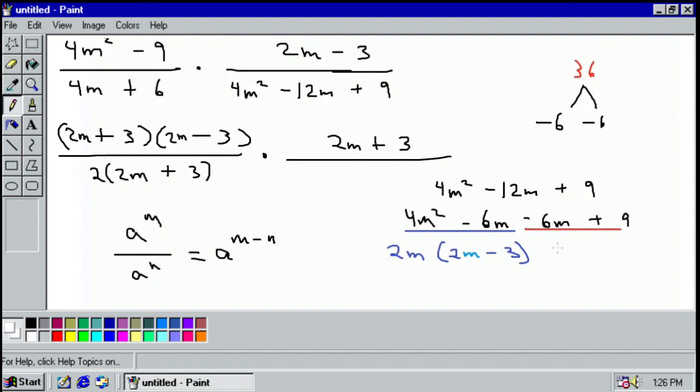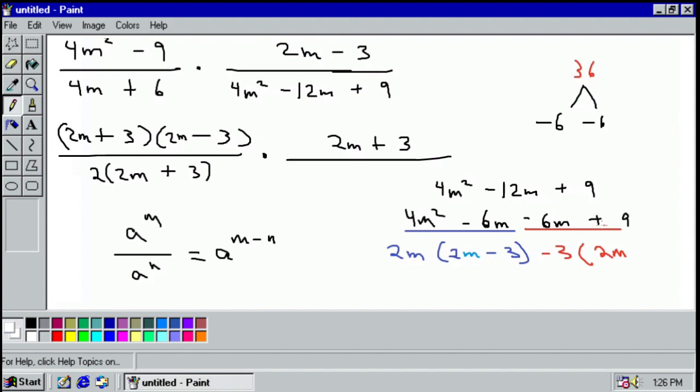So we can factor both of these by negative 3, since both of them are divisible by 3. So negative 6m divided by negative 3 is positive 2m. Two negative signs divided by each other will become a positive number.